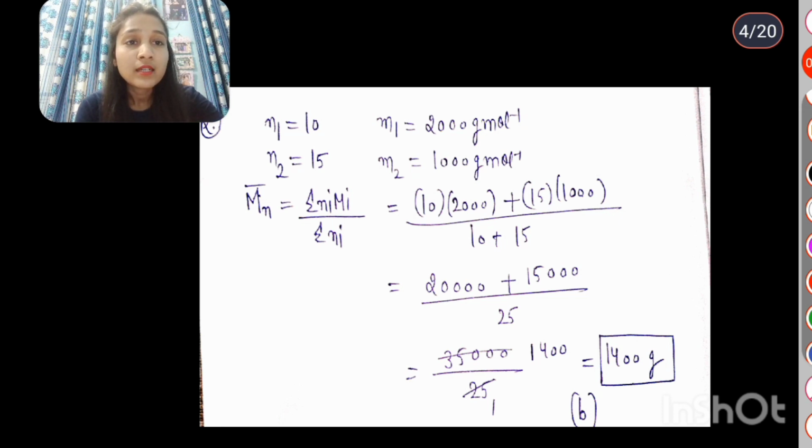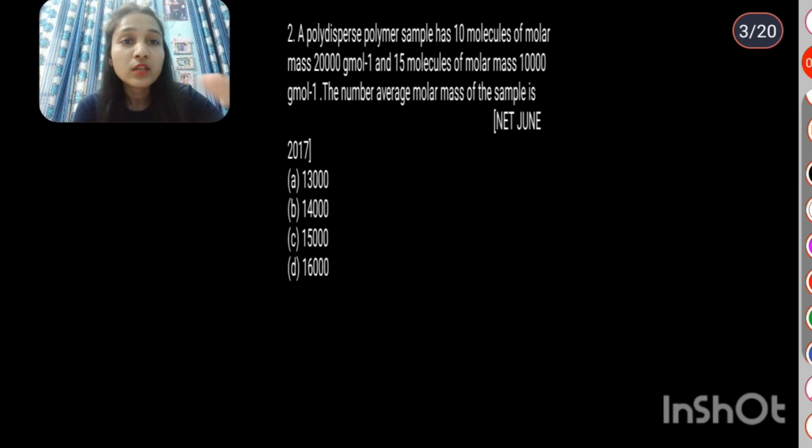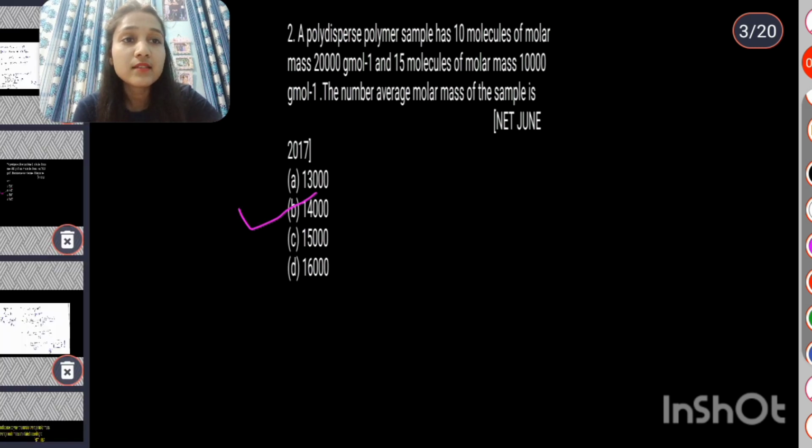First of all, number of molecules is 10, for which molar mass is 2000, plus number of molecules 15, then molar mass is 1000, divided by total number of molecules, that is 10 plus 15. After calculating, we get the answer 1400 gram. So here the correct answer is 1400 gram, that is answer number B.